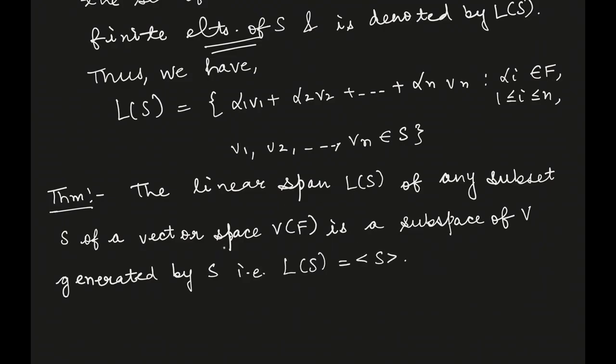So linear span is a subspace of V which is generated by S, and the generator is denoted like this now.